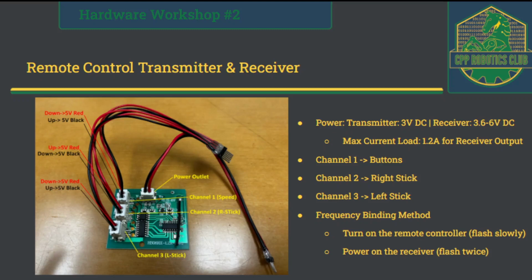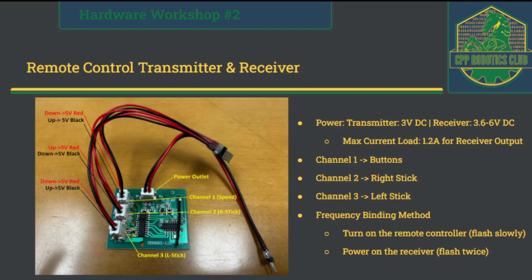The voltage range of this receiver is between 3.6 and 6 volt, so you can just use the 5 volt output of the Arduino to power this board. To power up the transmitter, you only need 3 volt DC, and you can use 1.5 volt batteries for powering the transmitter.